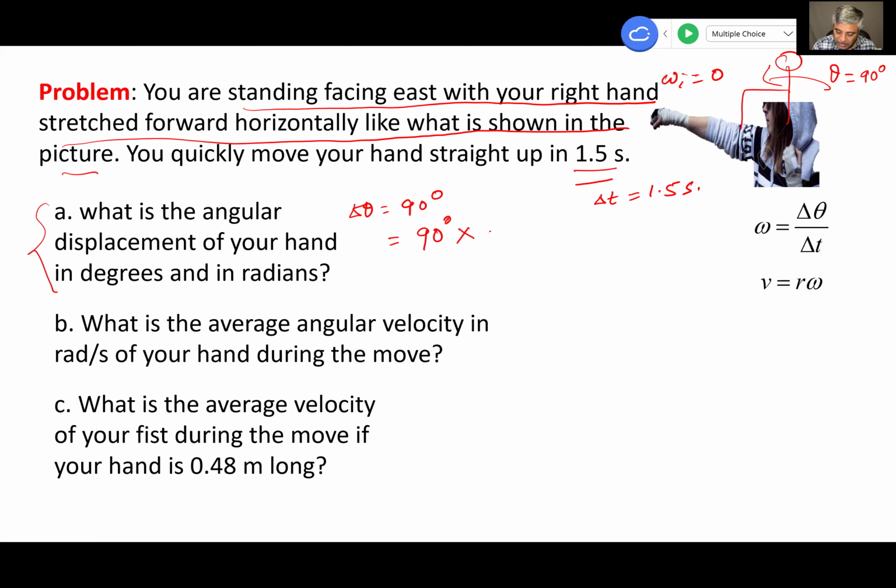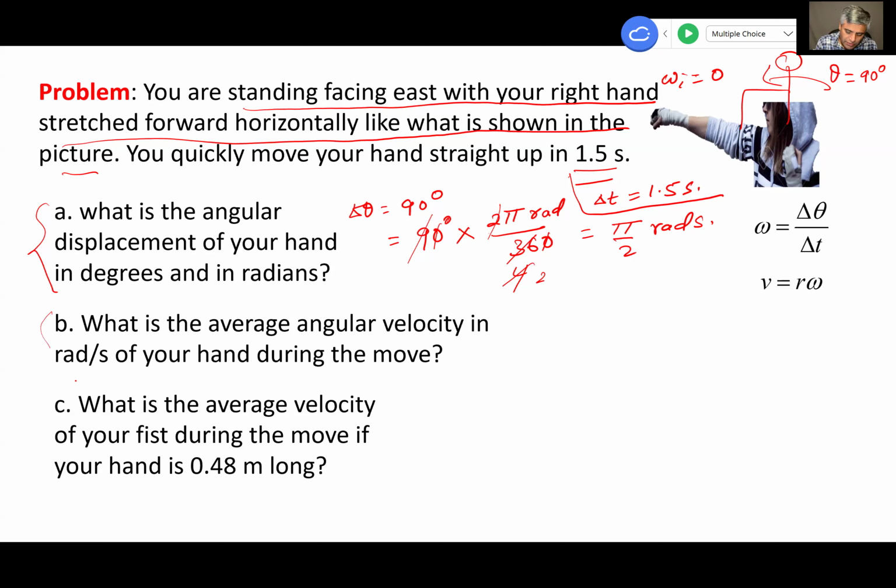Remember there are 2 pi radians in 360 degrees, or if you have learned pi radians in 180 degrees, that is also the same. So 9 times 4 is 36, so this is pi over 2 radians. So 90 degrees is pi over 2 radians, 180 degrees is pi radians, and 360 is 2 pi radians.